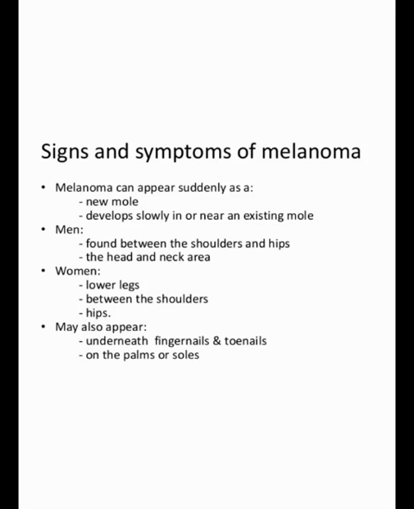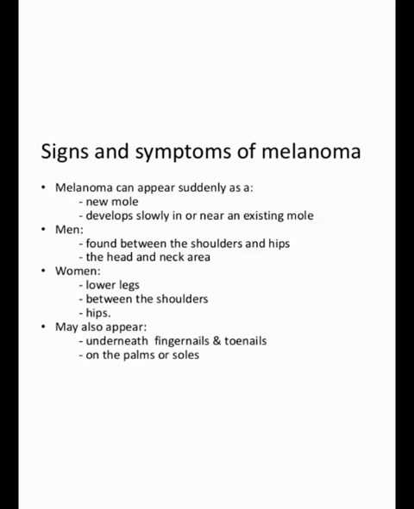Signs and symptoms of melanoma include the appearance of a new mole. Suddenly there will be the appearance of a new mole, and it develops slowly in or near an existing mole. The progress of this mole will be very slow in nature, and very slowly it may become larger.